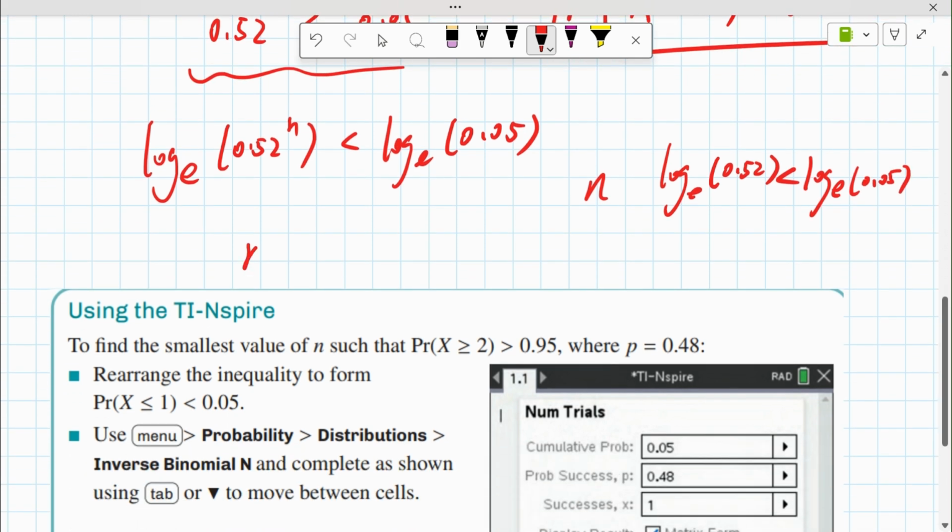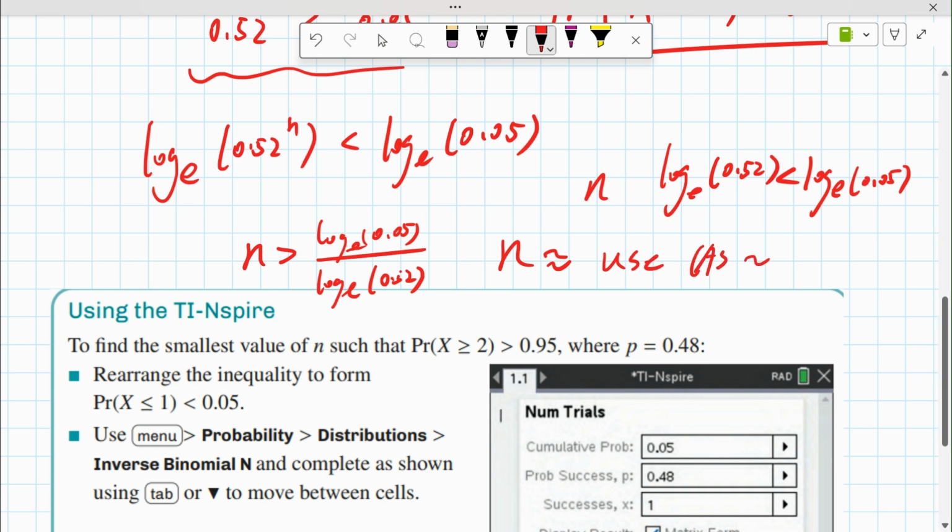Now n is greater than log e 0.05 divided by log e 0.52, which is approximately equal to 4.58.